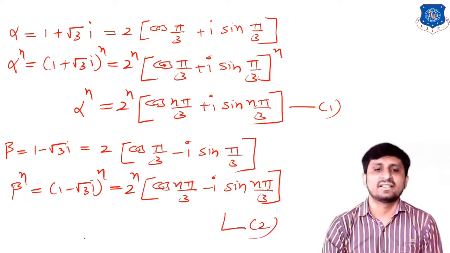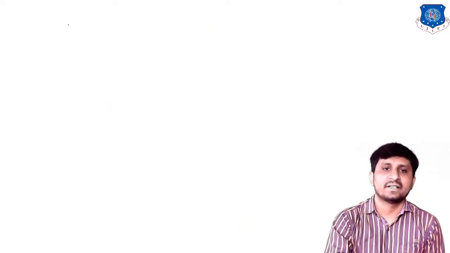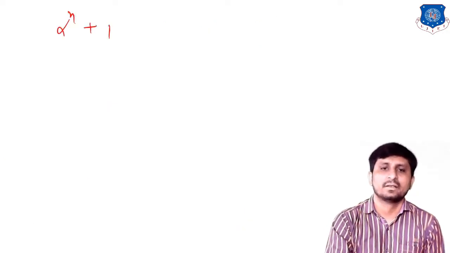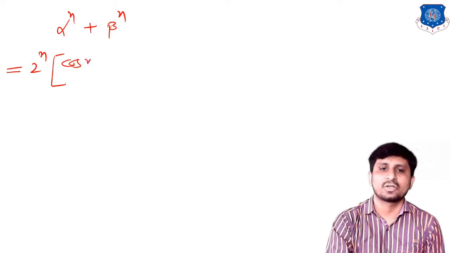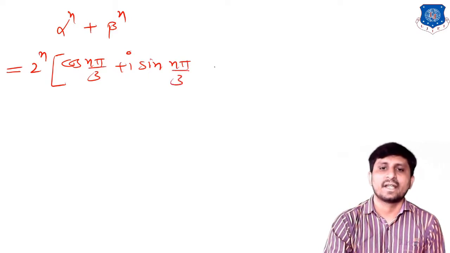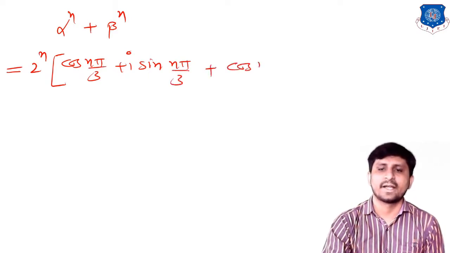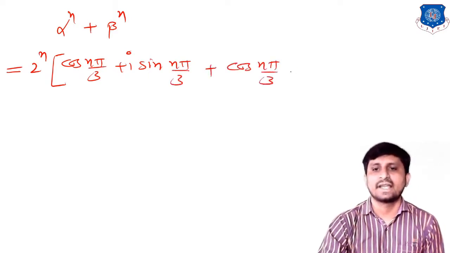Now I want to add this to the equation: alpha raised to n plus beta raised to n. So that can be written as alpha raised to n plus beta raised to n. So 2 raised to n is clearly common. In the bracket we have cos n pi by 3 plus i sin n pi by 3, and plus cos n pi by 3 minus i sin n pi by 3.